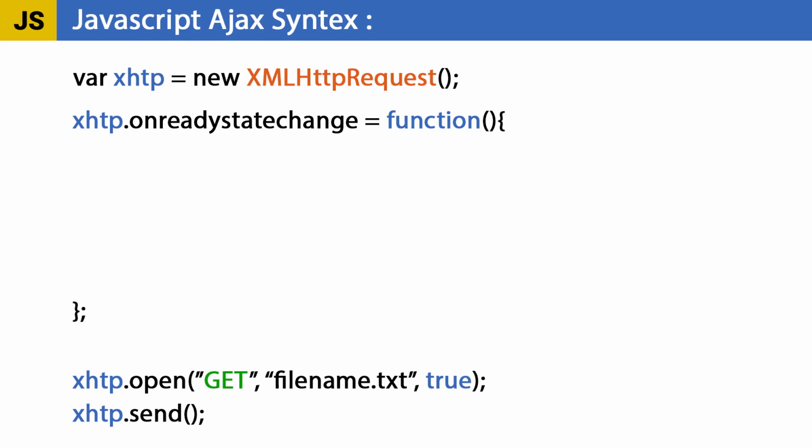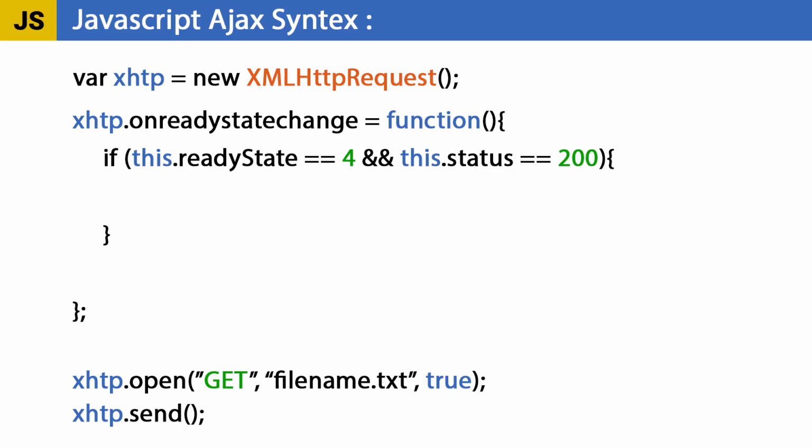Basically, in this function, we check a condition. To check server status, we need to use an if condition, something like that. Inside the round braces: if this.readyState equals 4 and this.status equals 200. We already learned about ready state; we have 5 different ready states.